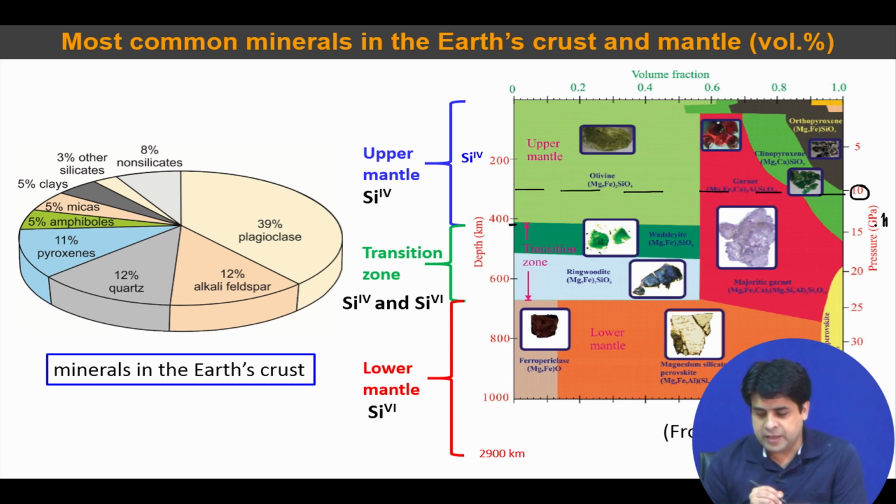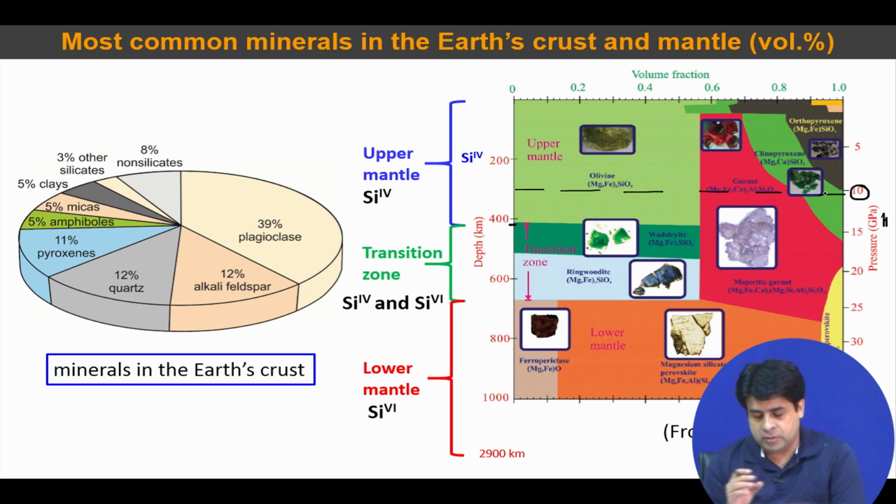Gigapascal is basically a pressure. 1 gigapascal is equivalent to 10 kilobar, 1 kilobar is equivalent to 1000 bar, and 1 bar is equivalent to 1 atmospheric pressure. So here your pressure is almost 50 kilobar.